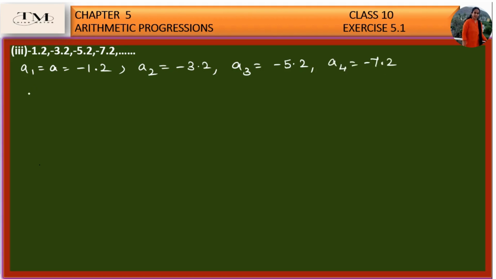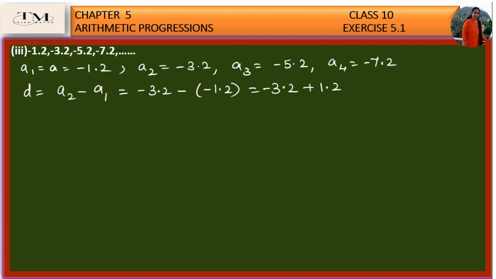We have to find the common difference, which is A2 minus A1. So A2 is minus 3.2 minus, what is A1? A1 is minus 1.2. So it is minus 3.2 minus into minus, plus 1.2.